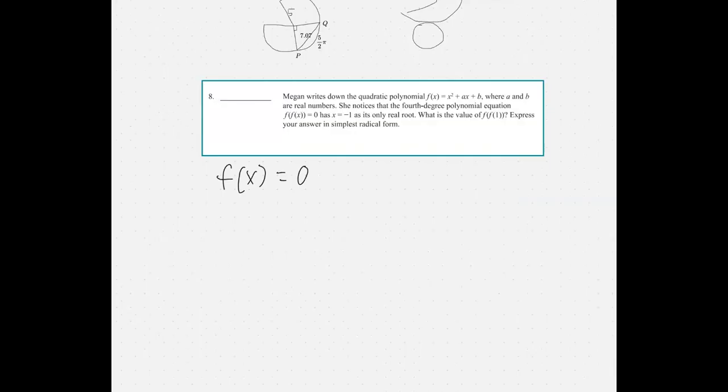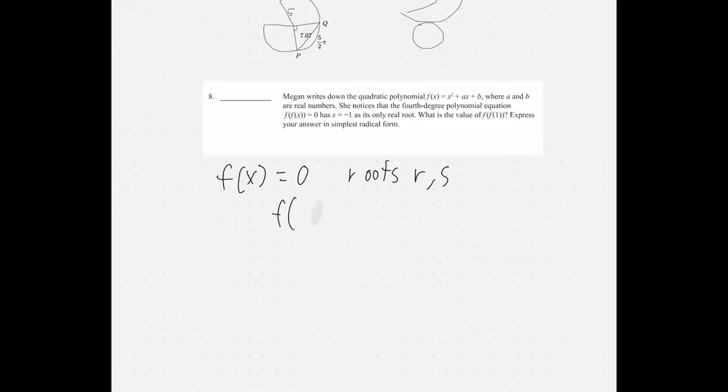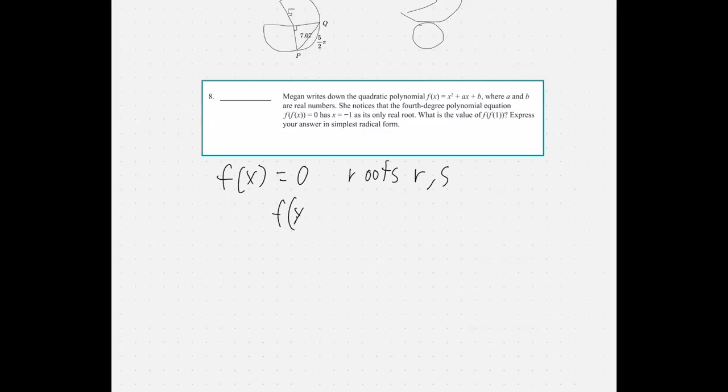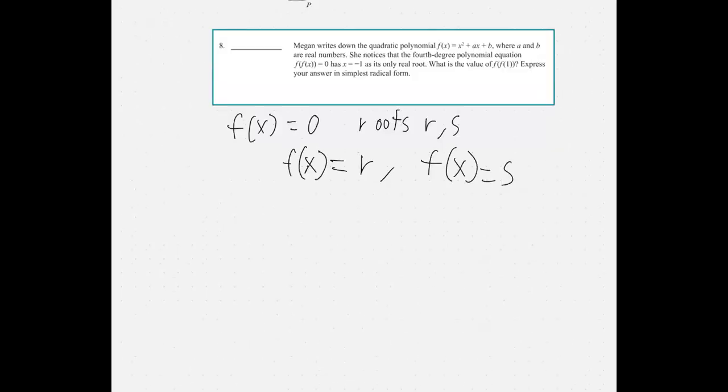So there's going to be 4 roots because it's a 4th degree, and there are 2 quadratics, when f of x equals r and when f of x equals s, and the two roots of each of those, and we know that -1 is the only real root, so one of them must have -1 as the double root, so just say that one's r, and the other one has complex roots.